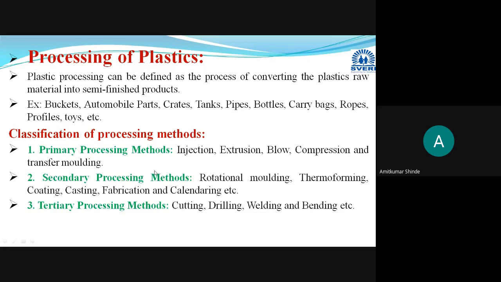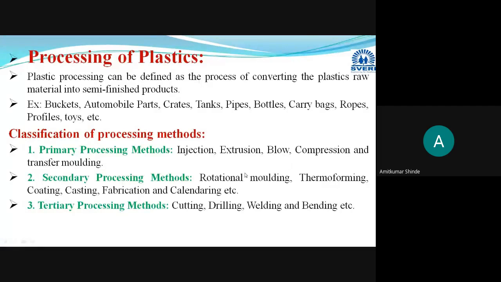Primary processing methods, in that five types will be there: injection molding, extrusion molding, blow molding, compression molding, and transfer molding. Then the second type is secondary processing methods.